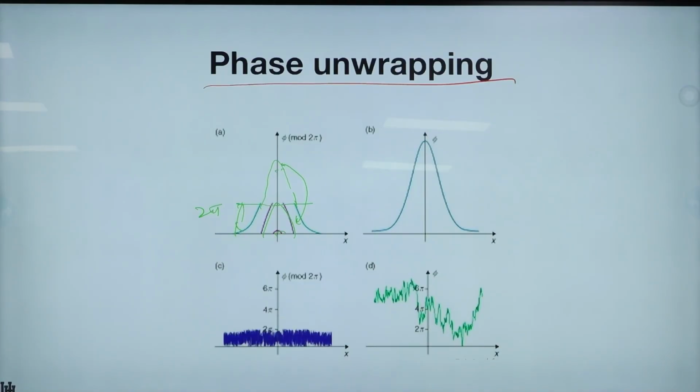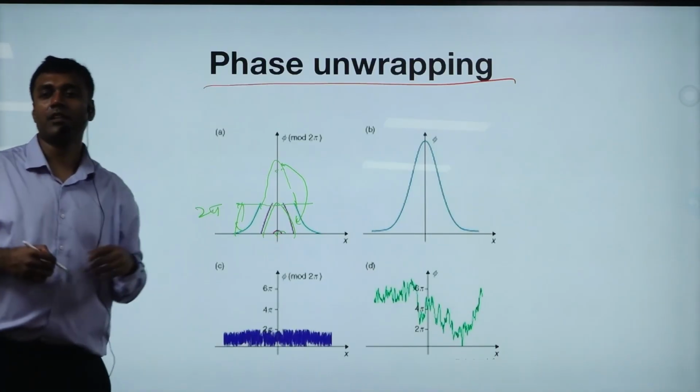So basically it gets wrapped into between 0 and 2 pi. The value of the phase will be like 3.5 pi, but that will get wrapped into 3.5 minus 2, so it will be 1.5 pi. So it will get wrapped into between 0 and 2 pi always. So this is what's called the phase wrapping problem.